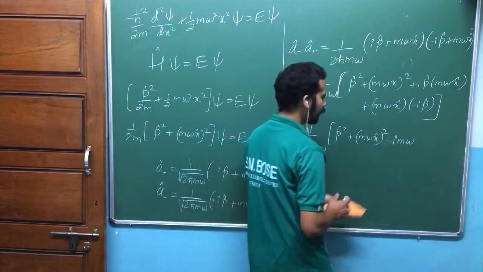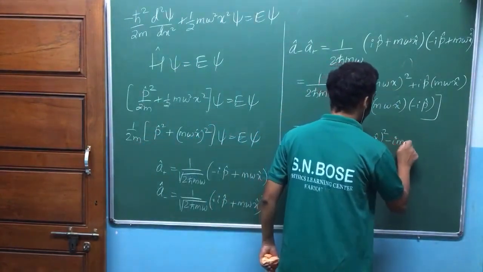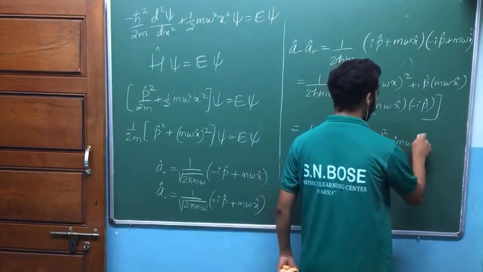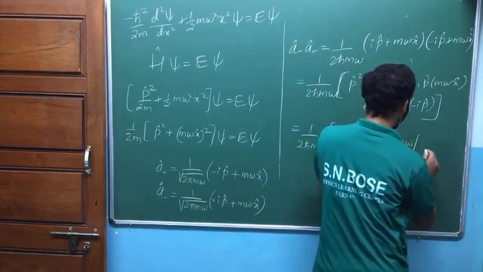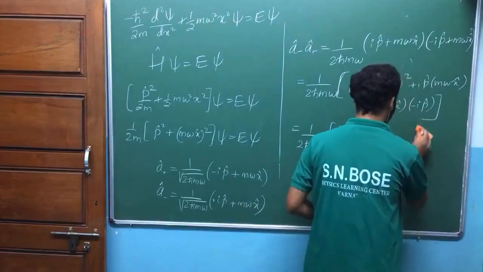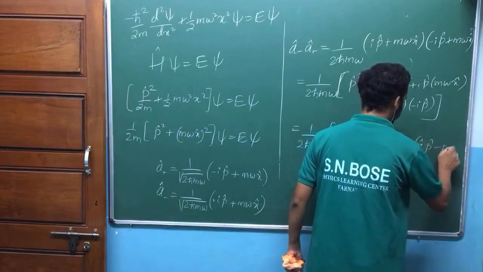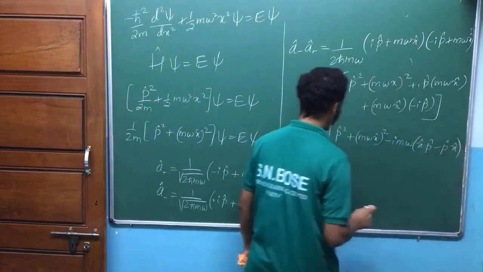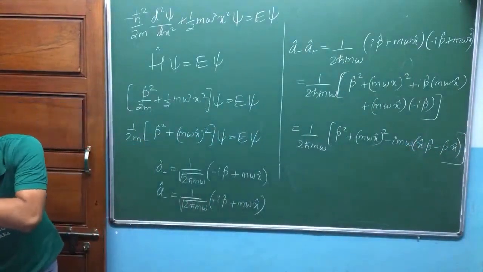That's why I'll take minus i m omega common. If I take minus i m omega common, what will happen here is p cap, x cap into p cap. I'll get this one: x cap p cap minus p cap x cap. Just check it out.